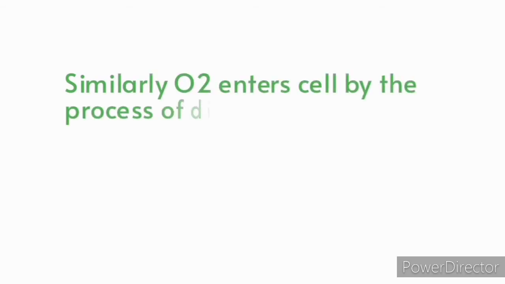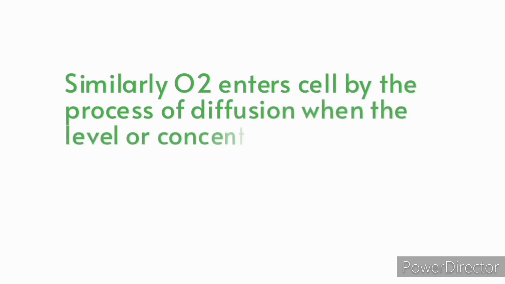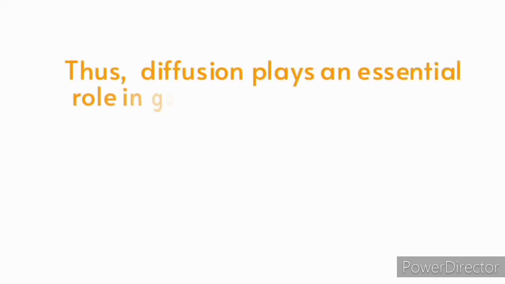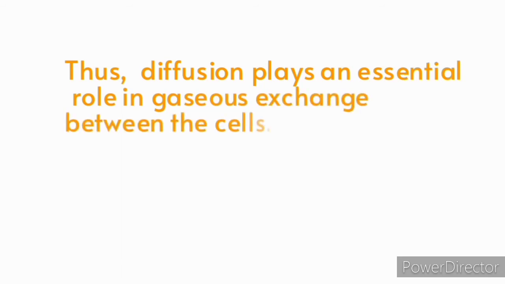Similarly, oxygen enters the cell by the process of diffusion, when the concentration of oxygen is less in the cell or decreases. Thus, diffusion plays an essential role in the gaseous exchange between the cells, as well as between the cell and its external environment.